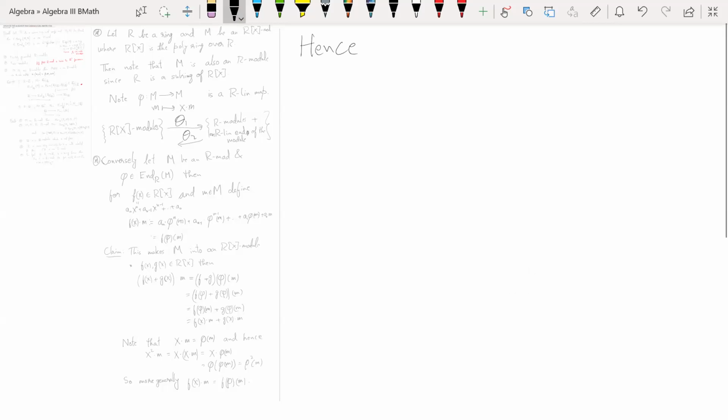If you do theta1 followed by theta2 on this collection, this is not a set, so that's why there is a problem, but whatever it is, you do this operation and come back, and it gives you isomorphic objects.